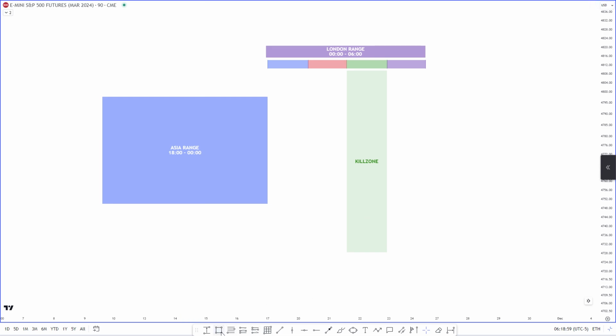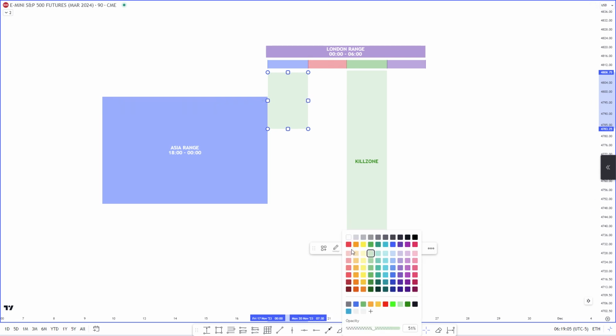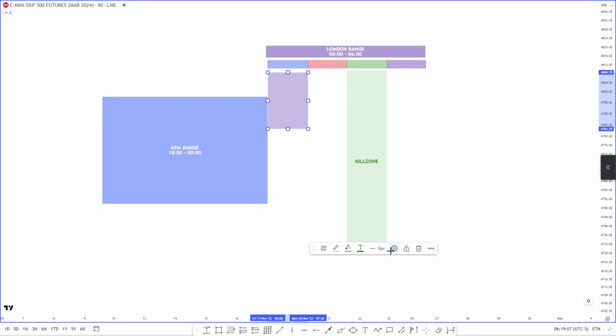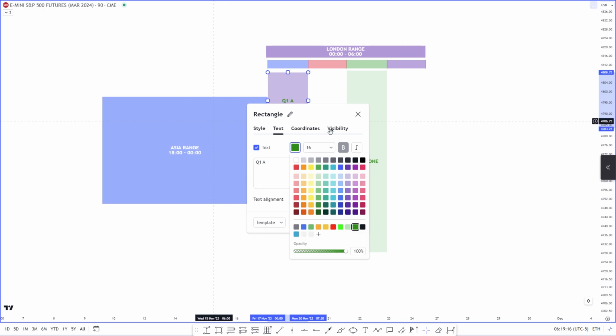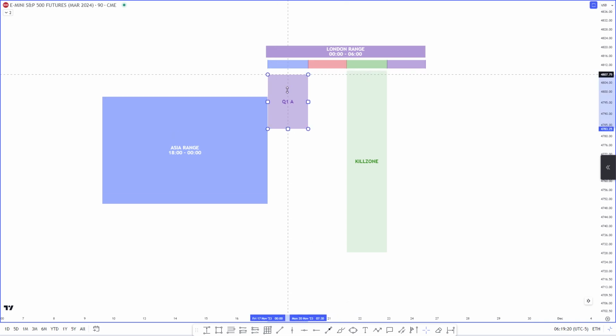Then the first quarter, this is our accumulation range. We can set this out as Q1A. It's that simple. Then we can mark it out like this.